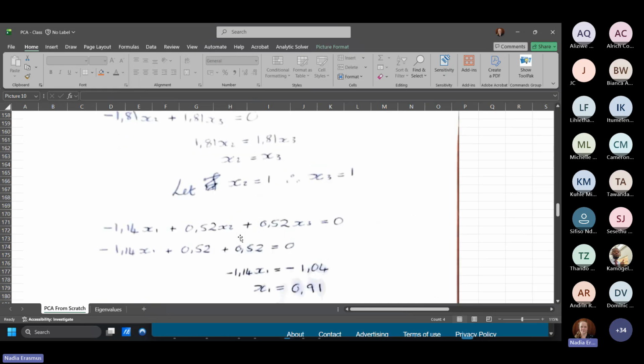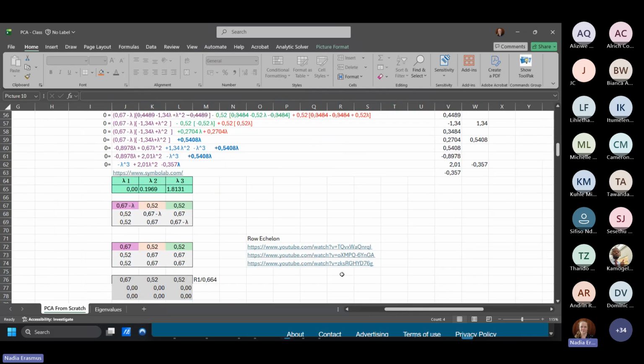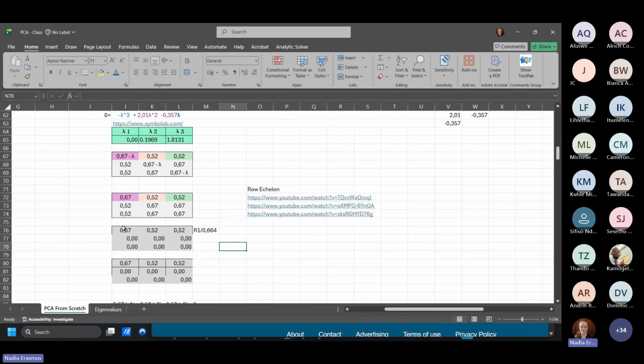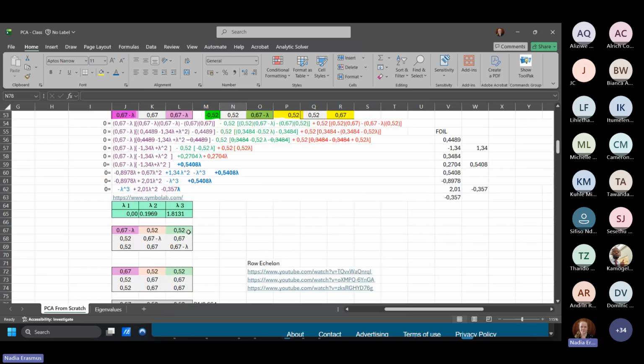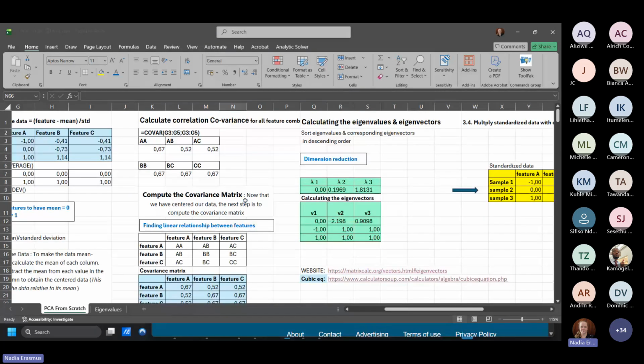I did share this with you guys. Otherwise, I have also added YouTube videos on how to do that. That's after this step. After you have gotten your eigenvalues, you can calculate your eigenvectors using the row echelon form. I'm going to save this and send it again to you guys.